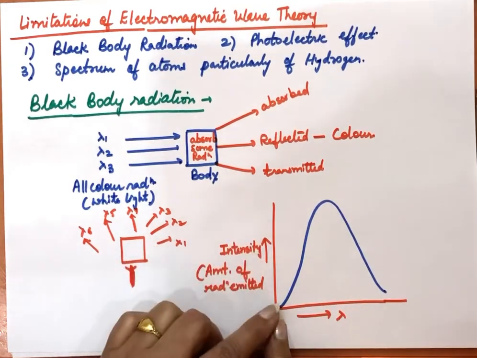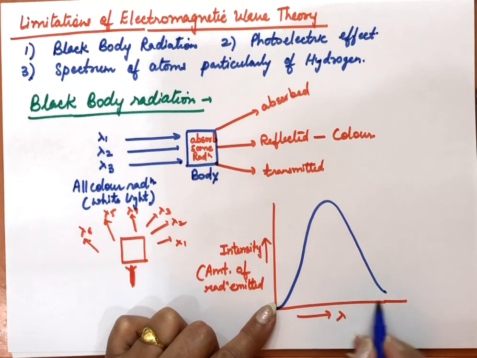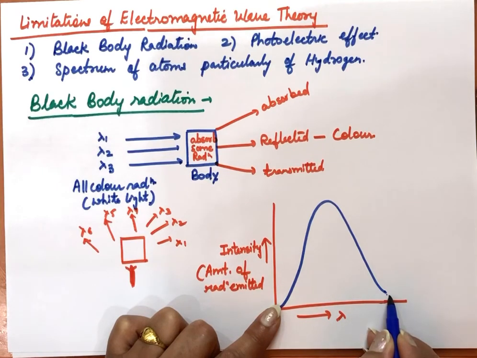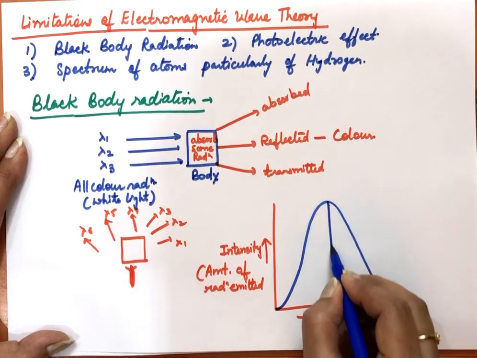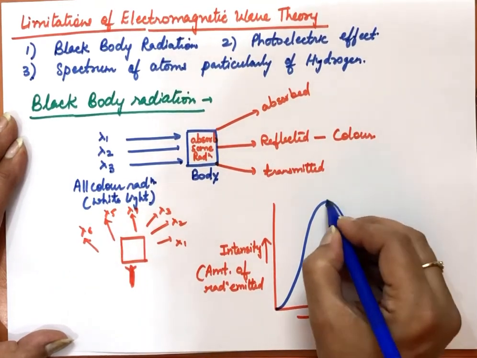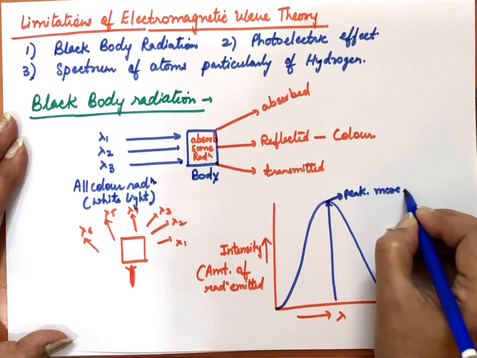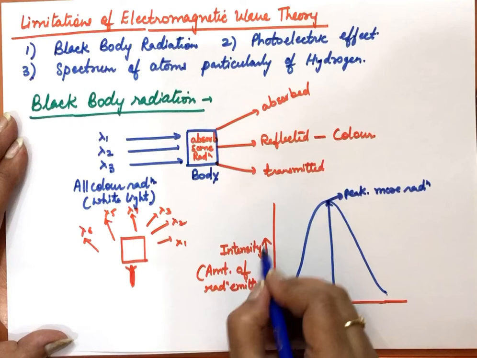So some of the radiations are emitted less. Which radiations are emitted less? The ones which have less wavelength. And here also some radiations are emitted less because here the wavelength of these is the maximum. So minimum wavelength and maximum wavelength radiations are emitted less. But here we have this peak, which represents that more radiations are emitted of this particular wavelength, because here we are getting the maximum intensity.